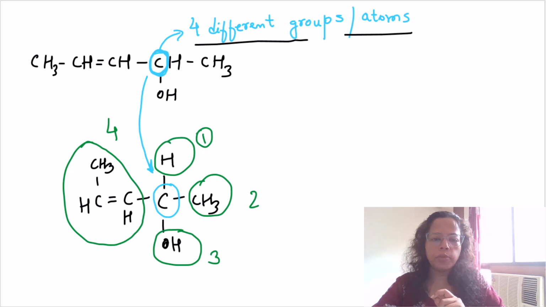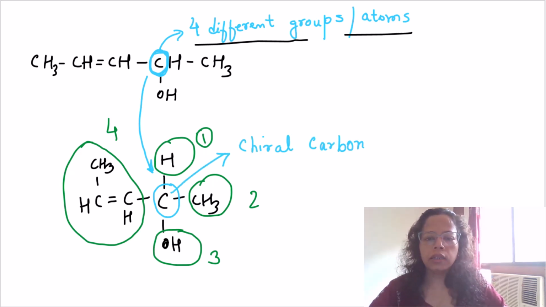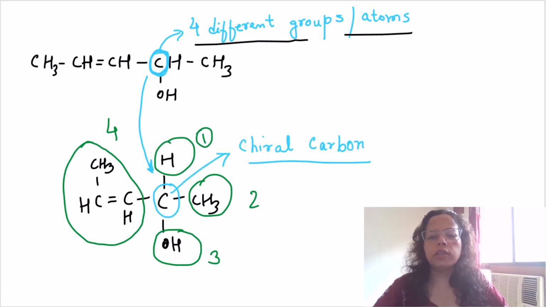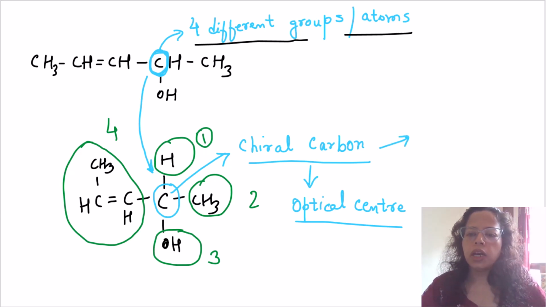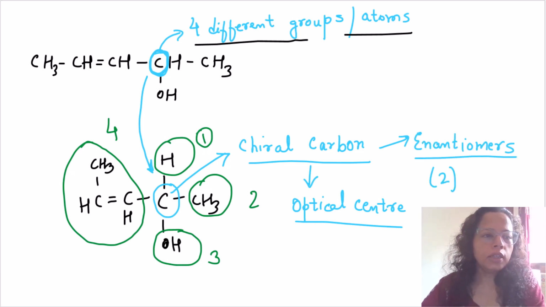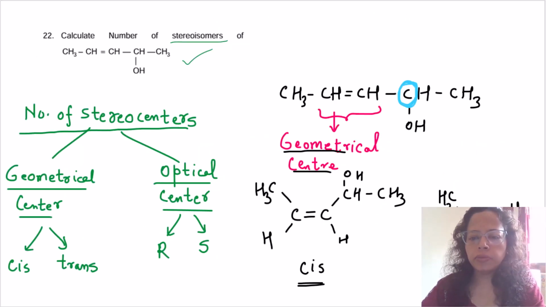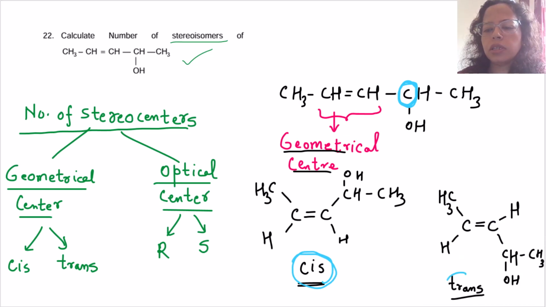This carbon is a chiral carbon, and the chiral carbon gives rise to the optical center. One was the geometrical center, the double bonded carbon, and this chiral carbon gives the optical center. Obviously this chiral carbon will give rise to two different enantiomers, and the doubly bonded carbon gave us the two geometrical isomers, cis and trans.